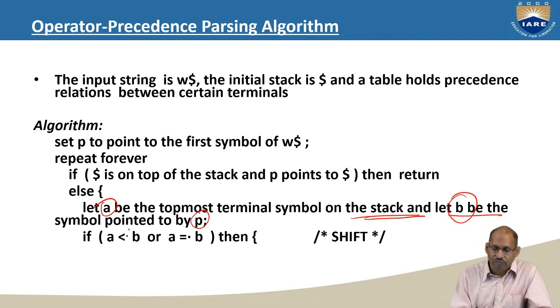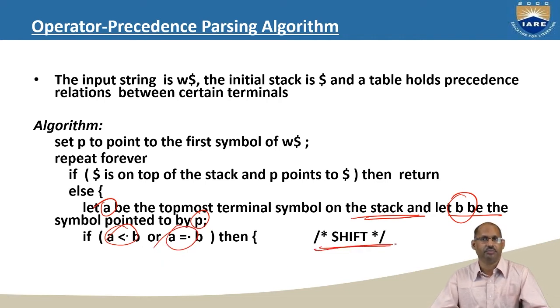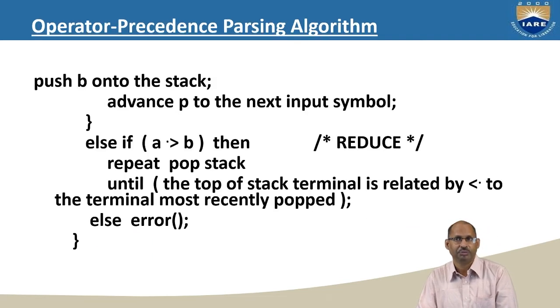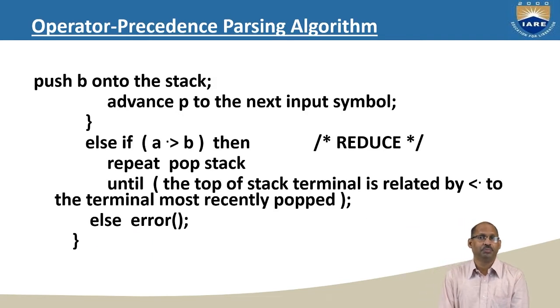If A is less than B or A equals B, perform the shift operation: the stack symbol has lower or equal precedence to the input symbol. Simply push B onto the stack and advance P to point to the next input symbol.